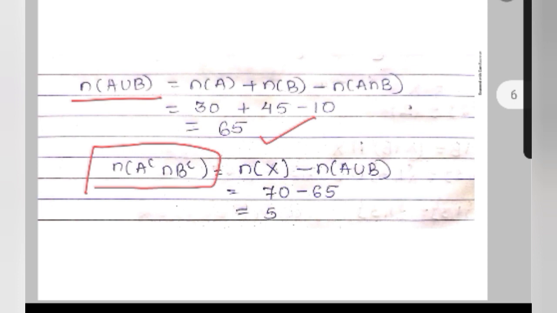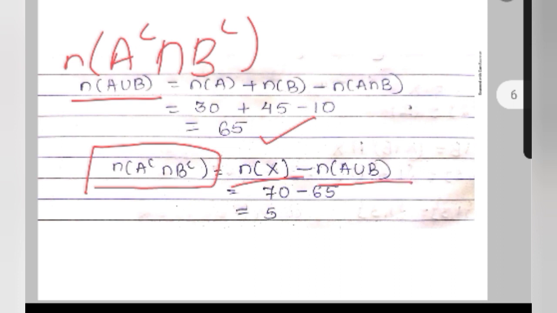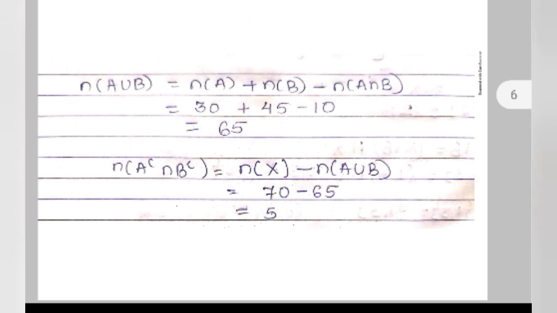To calculate the number of elements in A complement intersection B complement, it is equal to the number of elements in the universal set minus the number of elements in A union B. The number of elements in the universal set is 70, and the number of elements in A union B is 65, which we already got. So 70 minus 65 is 5. So the correct answer is 5.